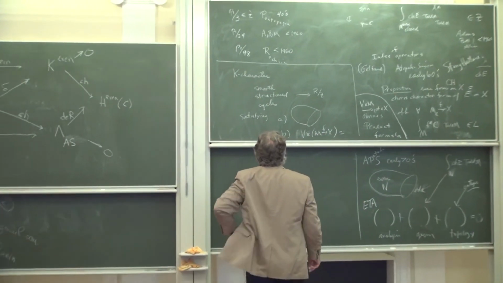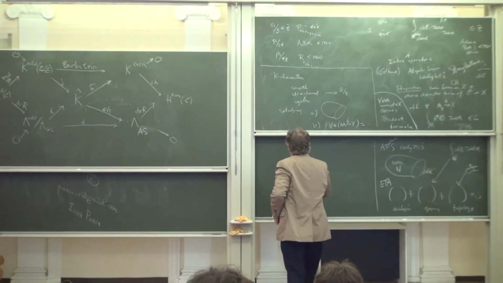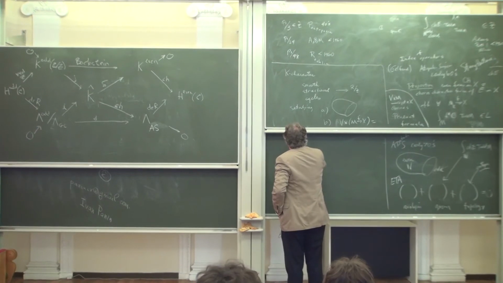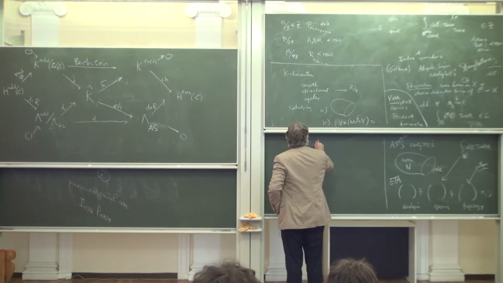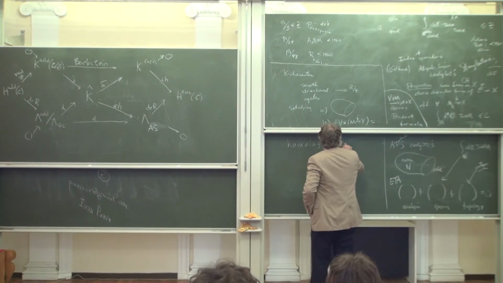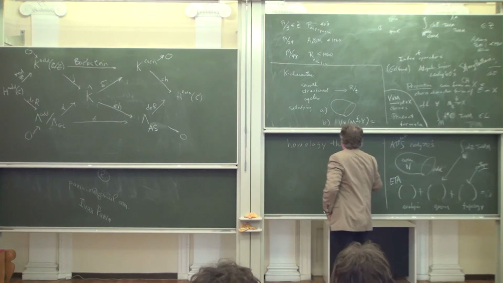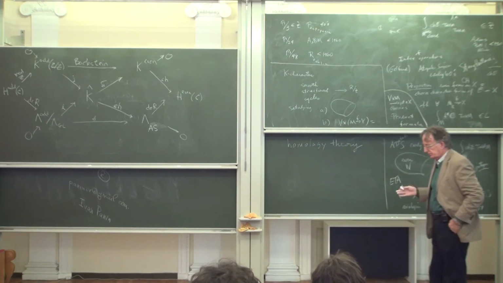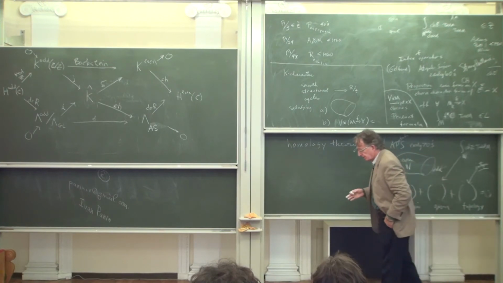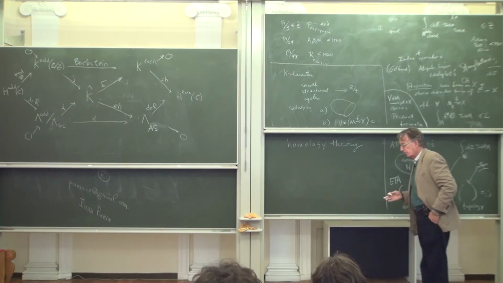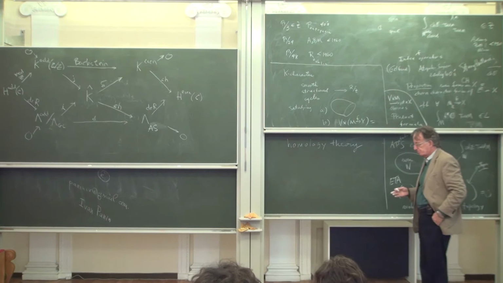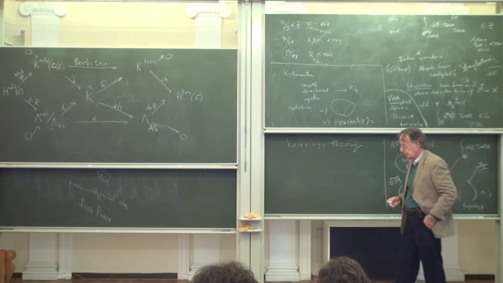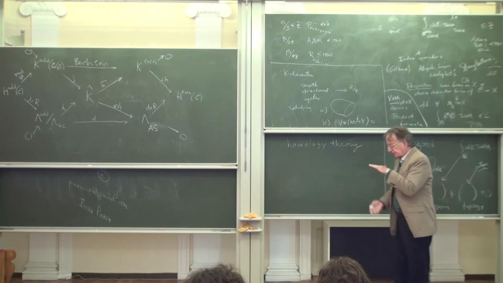And then another thing we have, from topology, is the notion of a homology theory. So first let me remind you of this fantastic theorem around 1950 of Eilenberg-Steenrod, giving axioms for homology.